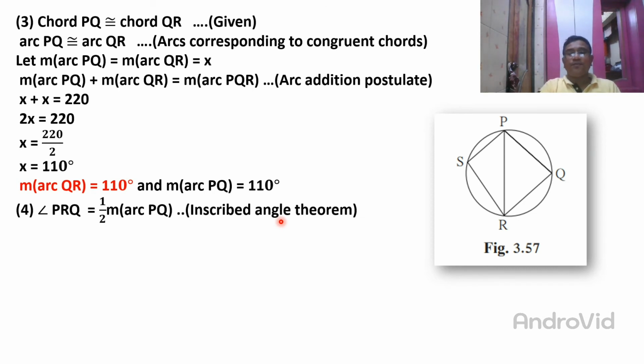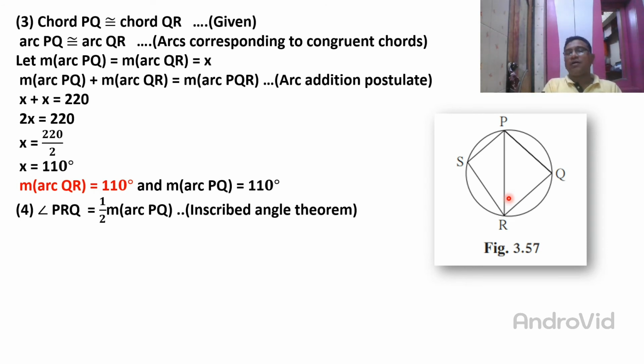Then angle PRQ, as they said: this is P, this is R, and this is Q. You want to find angle PRQ. You know the angle measure is half of the arc. Which angle do you want to find? R. In front of R, which arc is there? Arc PQ. So we write angle PRQ is equal to half the measure of arc PQ, because the angle measure is half of the arc.